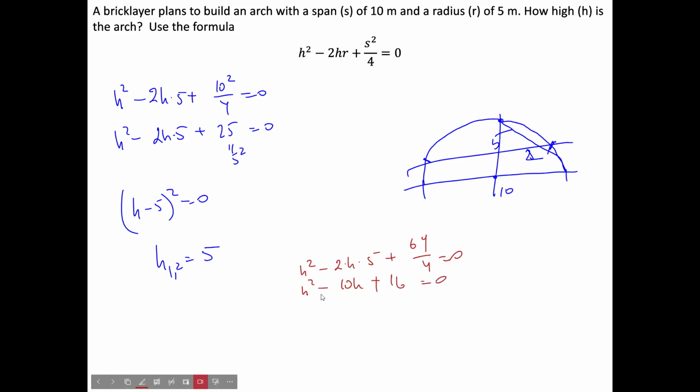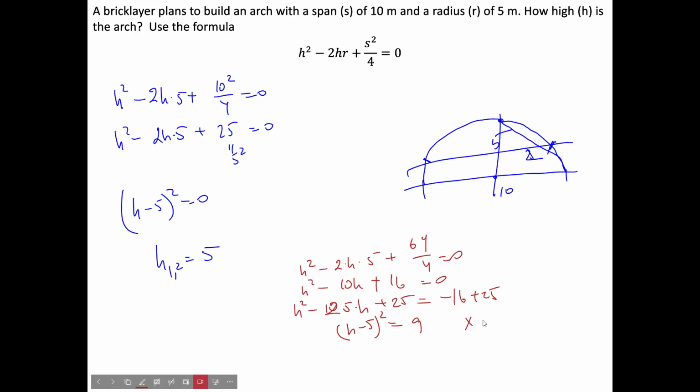So what I have, let's use, that is 4 squared, but it's not going to work for me because 10 is different, right? So let's do this. h squared minus 2 times 5 times h plus 25 minus 16 plus 25. So h minus 5 squared equals what? 9.